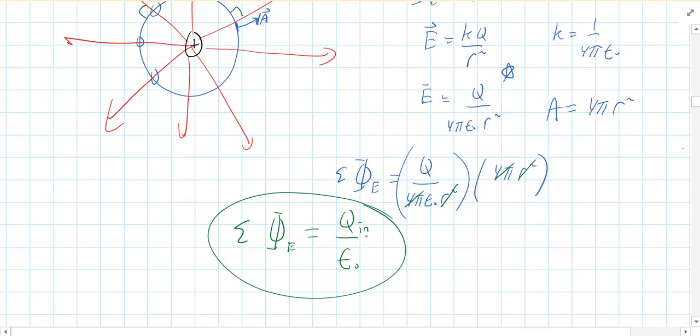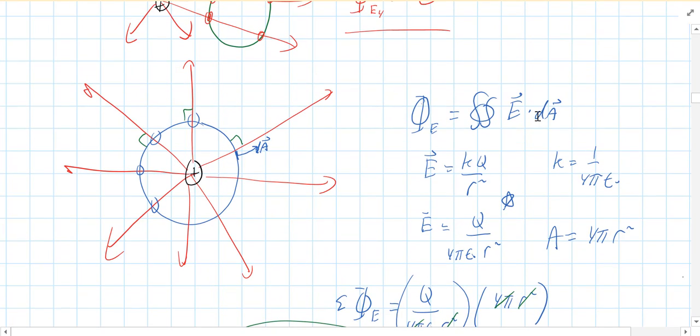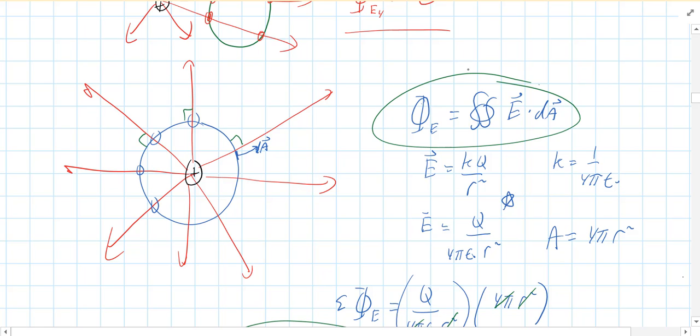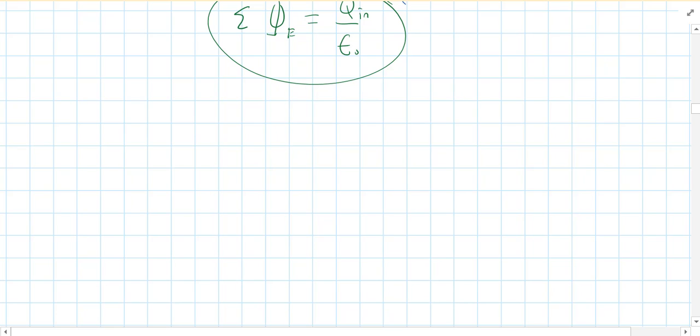So that leads us to Gauss's law. We have 2 equations for electric flux leaving a closed surface: this equation, and the general equation. These 2 are measuring the same thing, so if I put them together, you get Gauss's law.